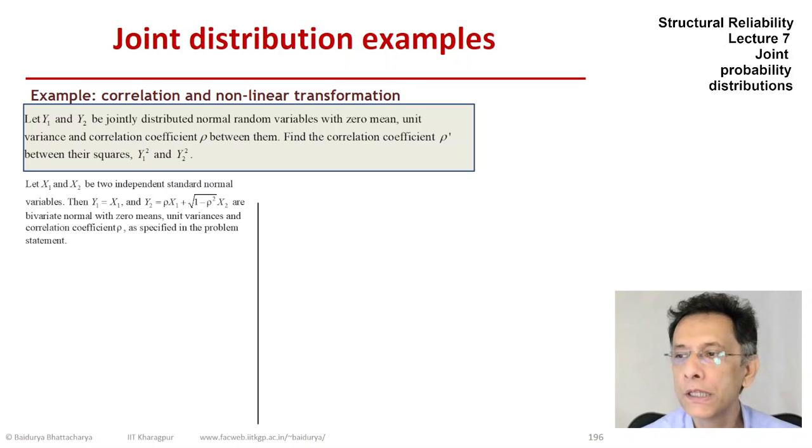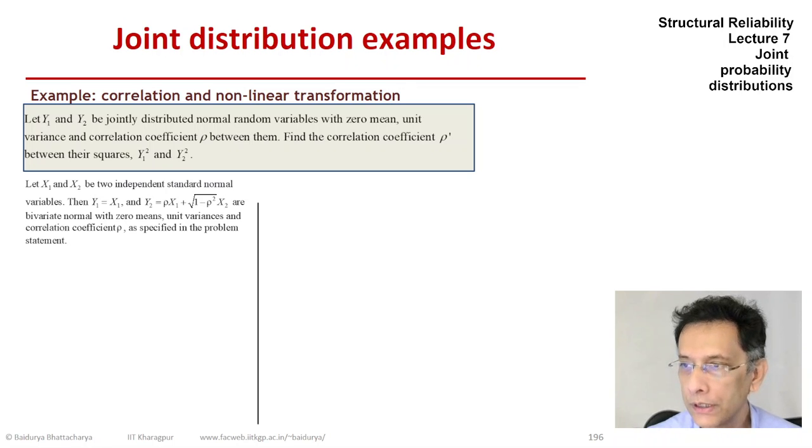And let's just take a minute to make sure that we get what we wanted. So obviously the statistics of y1 is mean 0, variance 1. That's clear. The statistics of y2 is also mean 0, because the mean of y2 would be rho times 0 plus root 1 minus rho squared times 0.